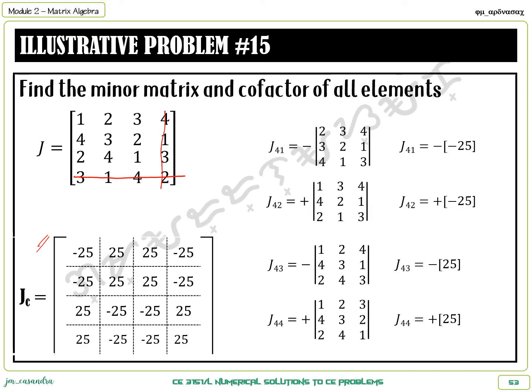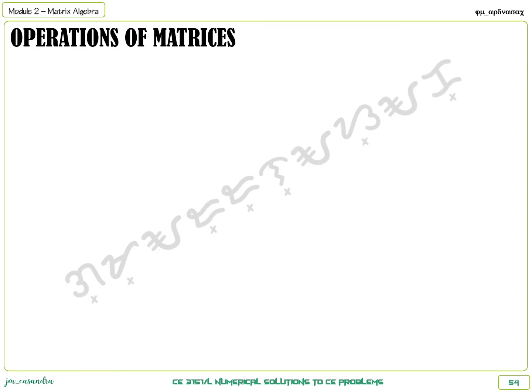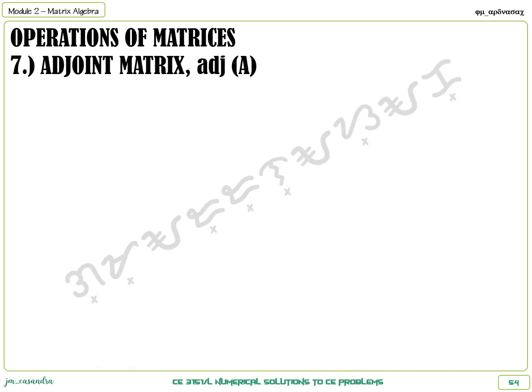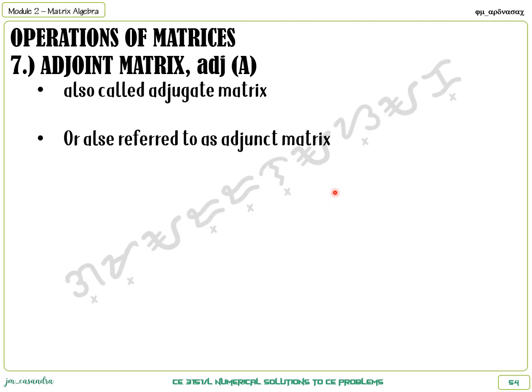Okay, so that's for cofactor. So the next operation for matrices, we have the adjoint matrix, which is noted by the first 3 letters ADJ of the matrix A. The adjoint matrix is also called the adjugate matrix, or also referred to as the adjunct matrix.